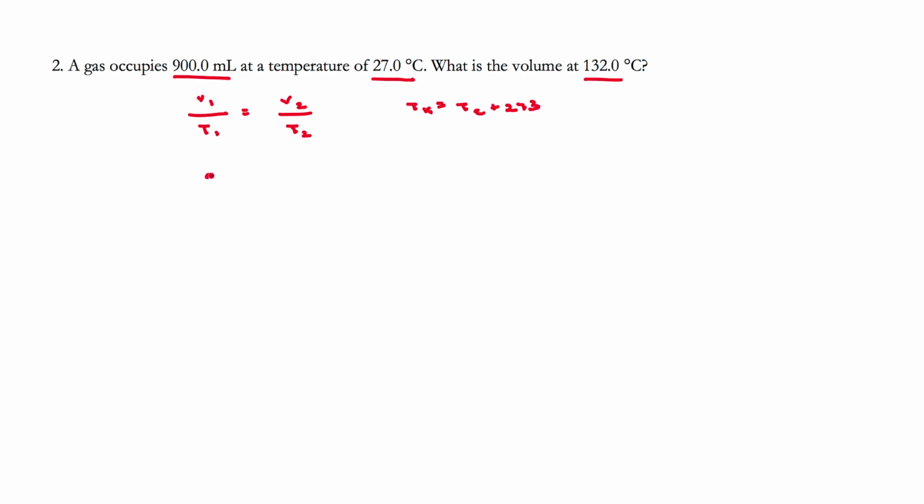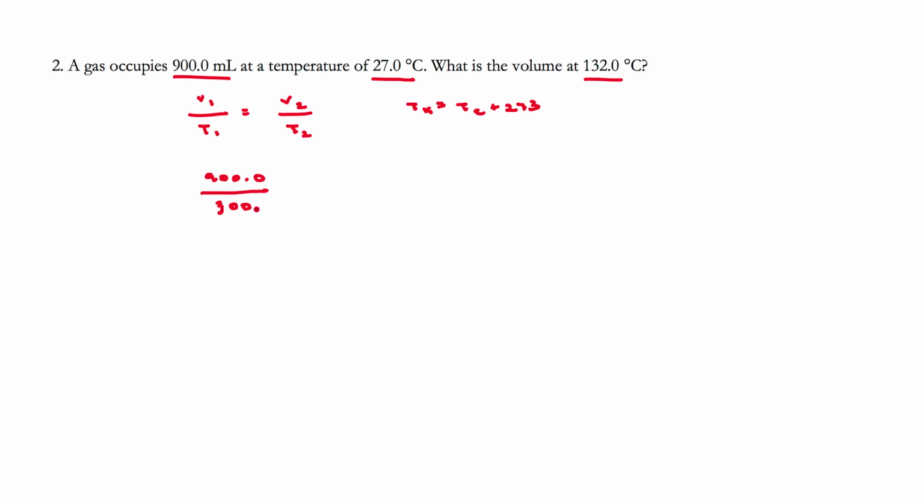So my volume is 900 mils. My temperature is 27 degrees Celsius, so I need to add 273 to that. So my temperature is going to be 300, and I'm going to put a point here simply so that I can count each of these digits as significant, because otherwise I would only have 1 sig fig.